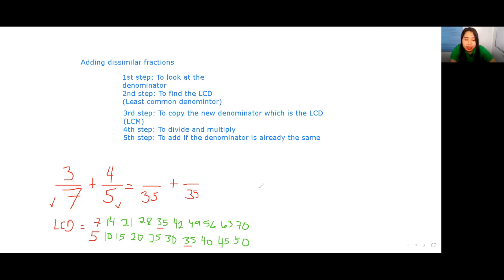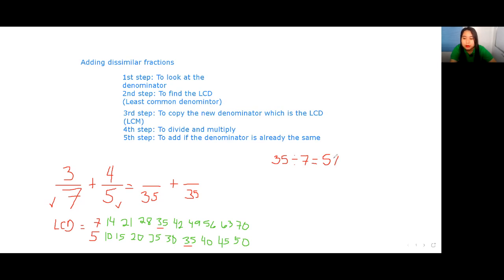So 35 divided by 7 equals, very good, 5.